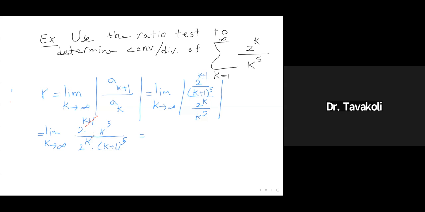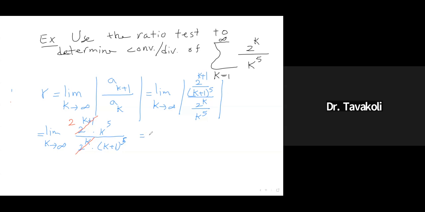This ratio, 2 to the power of k plus 1 over 2 to the power of k, is just 2, because 2 to the power of k plus 1 means I'm multiplying k plus 1 copies of 2 by each other, but 2 to the power of k means I'm multiplying k copies of 2 by each other.